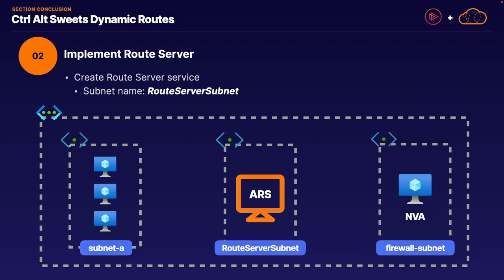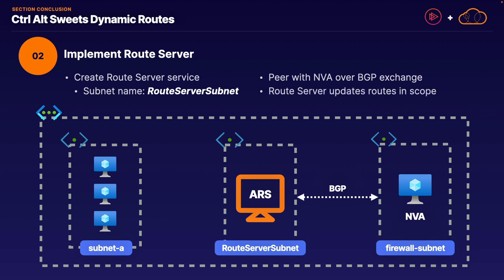And then once we have our subnet and the service deployed, the next step is to peer or associate our Route Server service with a virtual appliance over BGP exchange, from which our Route Server service will automatically detect and update all of its routes and subnets within its scope, which by default is its own virtual network, although you can peer it with remote networks as well.